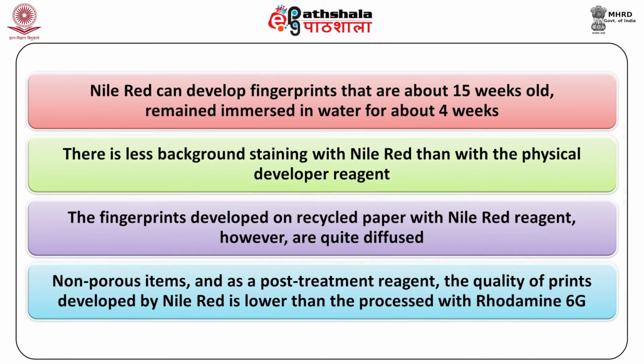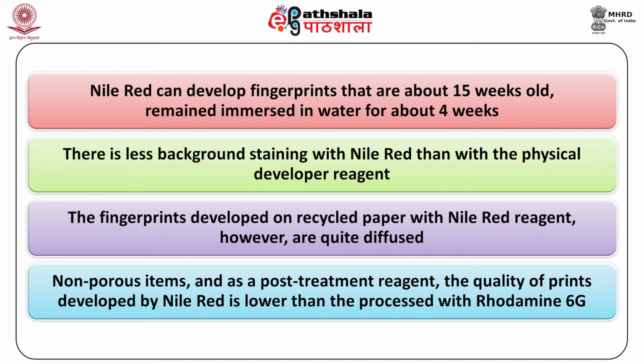Nile Red can develop fingerprints that are about 15 weeks old, as well as those which have remained immersed in water for about 4 weeks. There is less background staining with Nile Red than with the physical developer reagent.